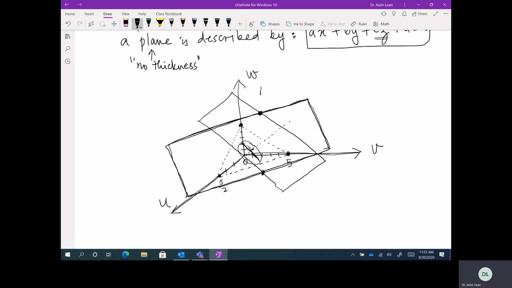So this should be a line. This is the line of intersection.